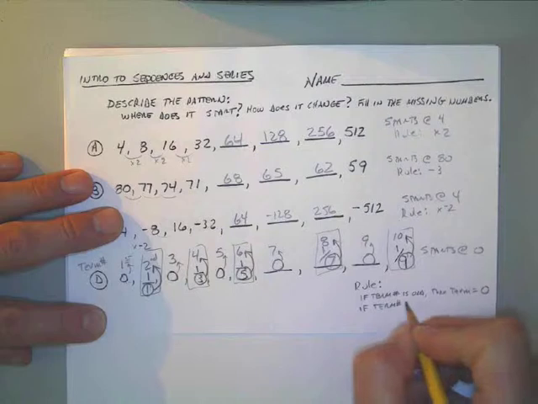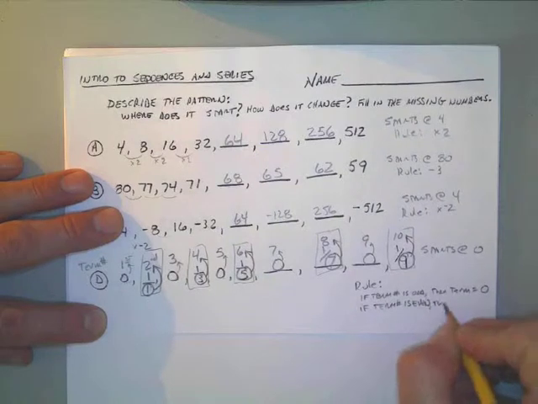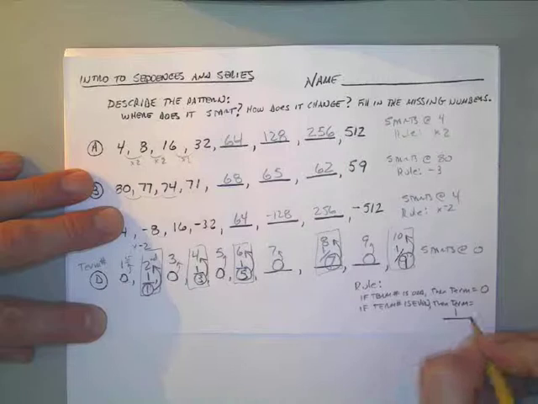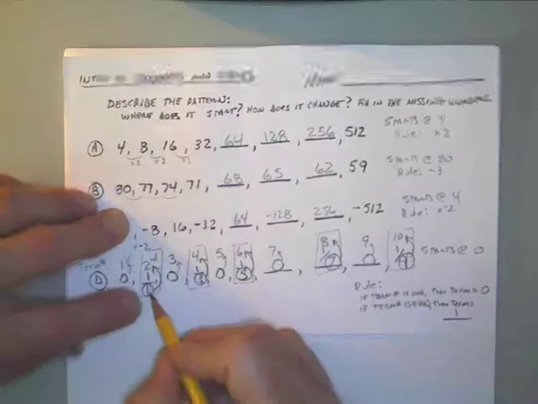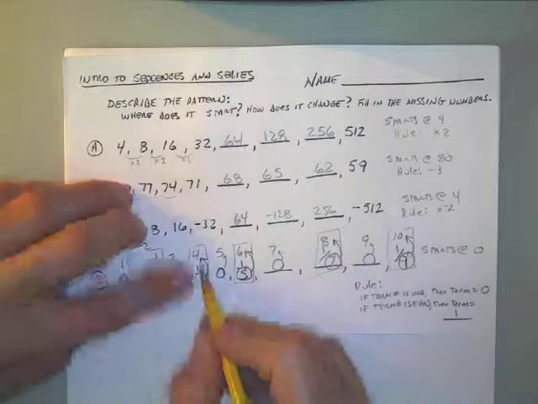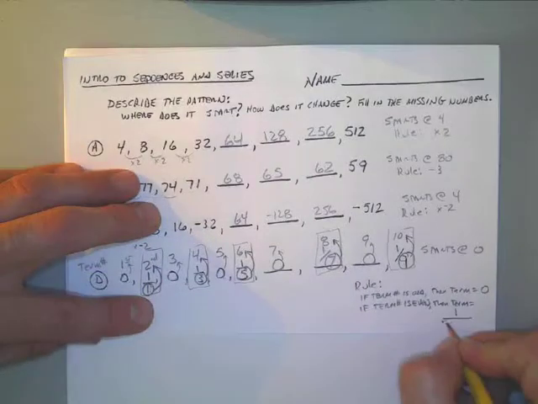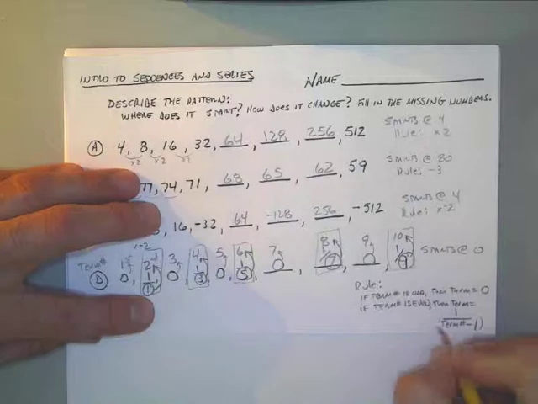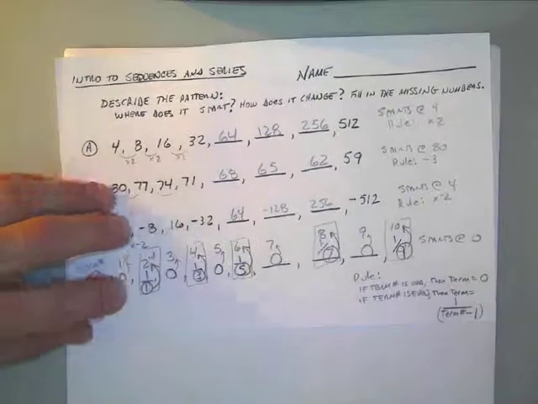If the term number is even, then the term equals 1 divided by, this number is always 1 less than the term number. So term number minus 1. And I think that does it.